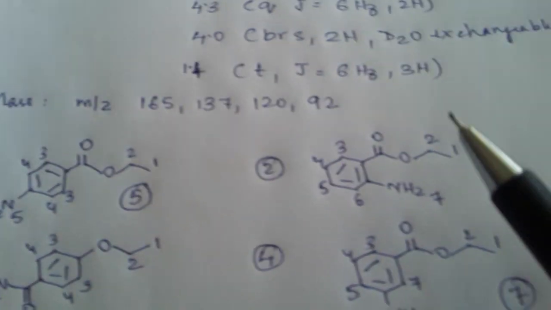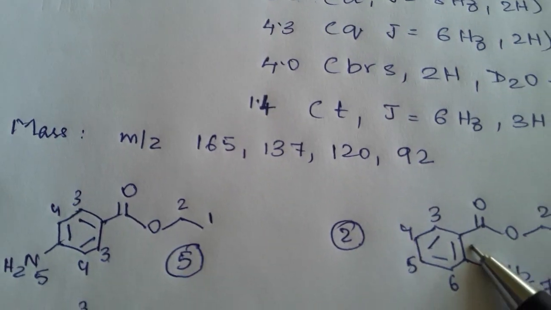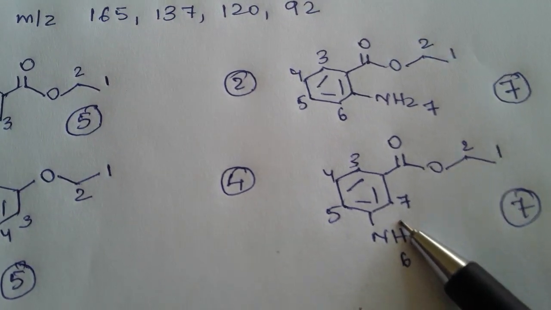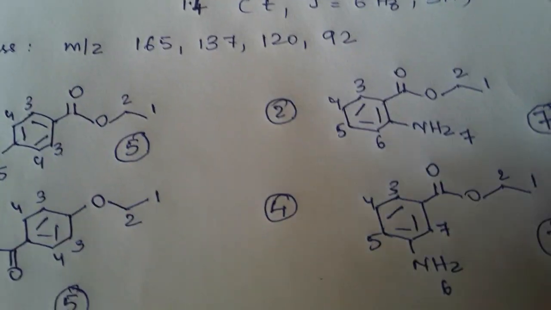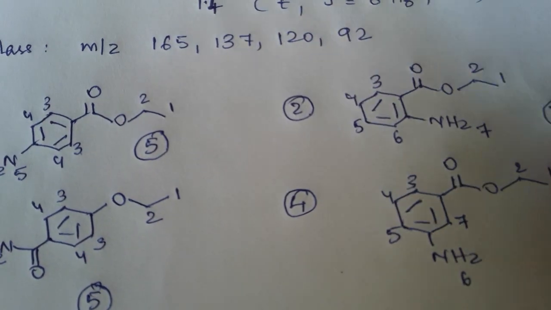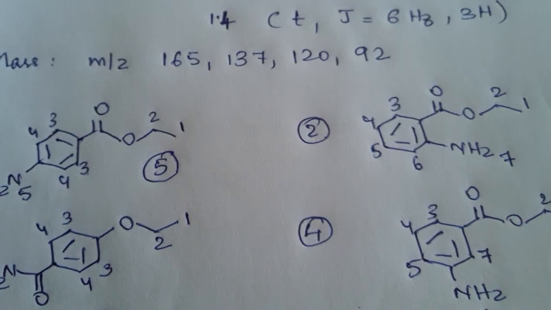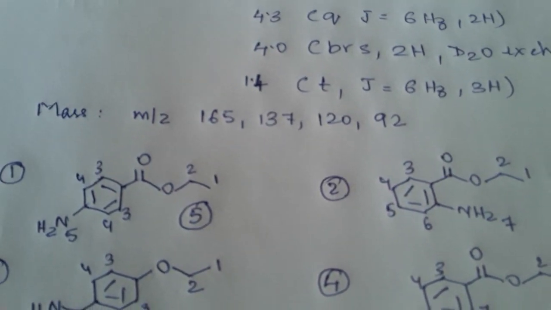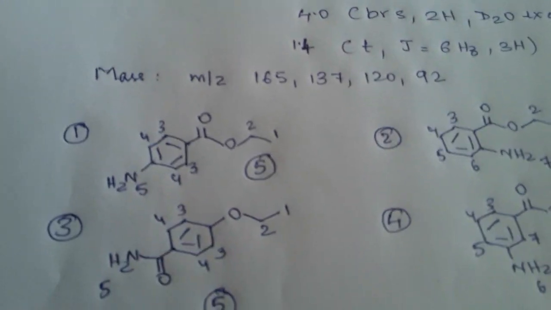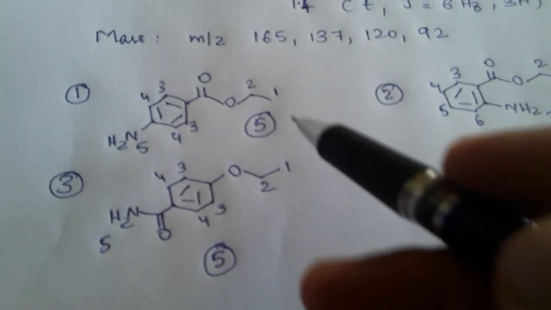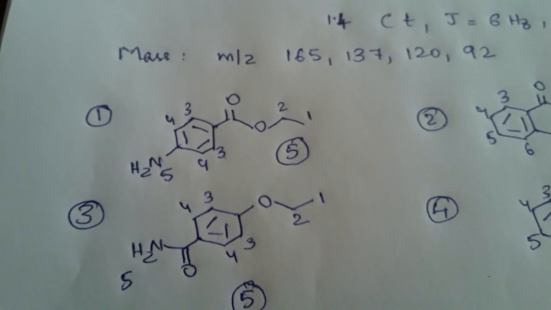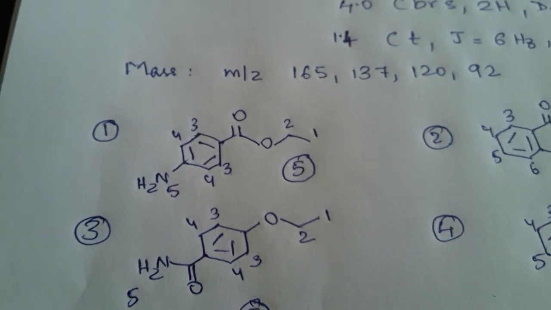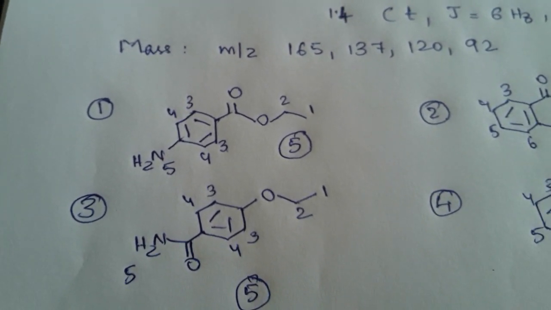On the other hand, choice 2 and choice 4 are not symmetrically substituted. So that rules out choice 2 and choice 4. Now we are left with choice 1 and choice 3 with 5 signals each. Which one is your correct answer here?